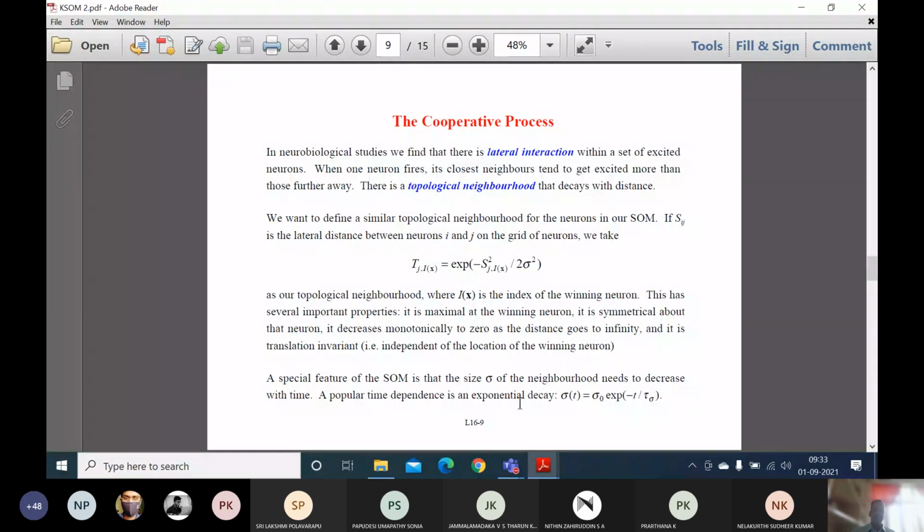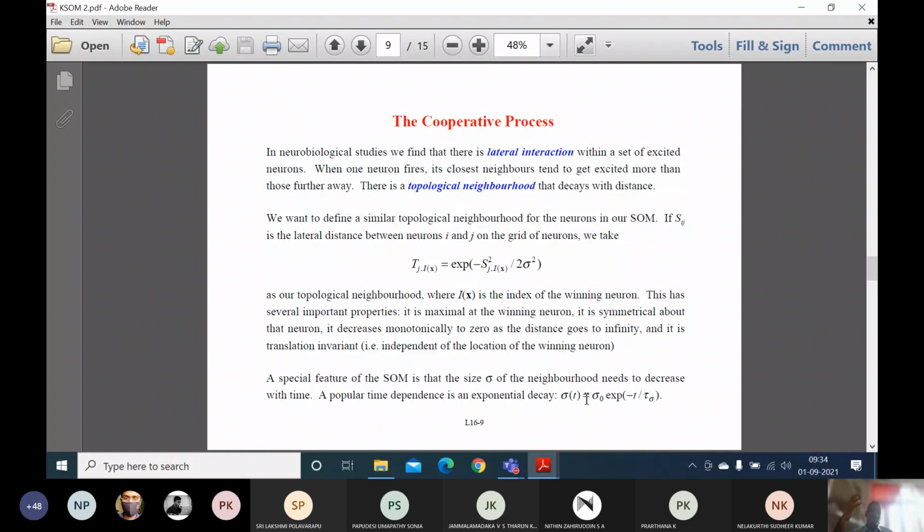A special feature of SOM is that the size of the neighborhood, sigma, needs to decrease with time. For example, you may consider only a 4 neighborhood, or an 8 neighborhood, or a 16 neighborhood, like that.